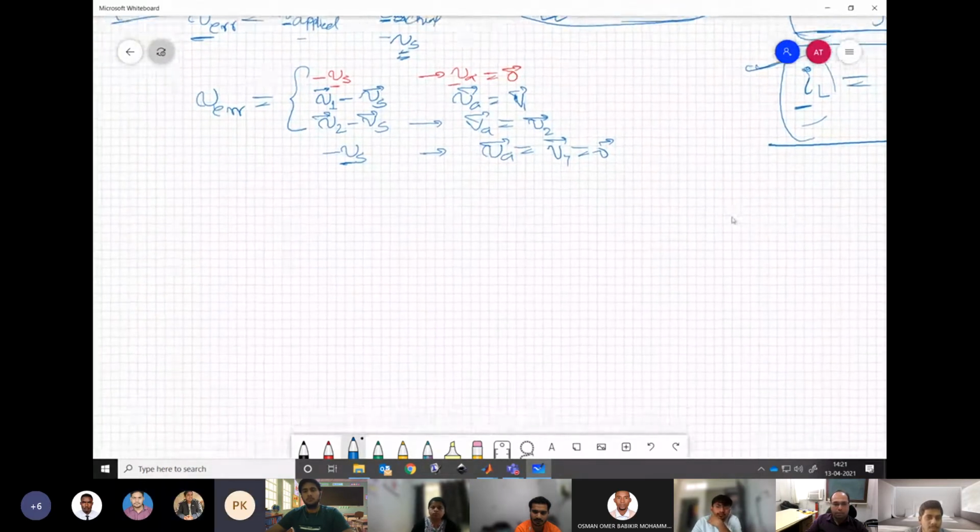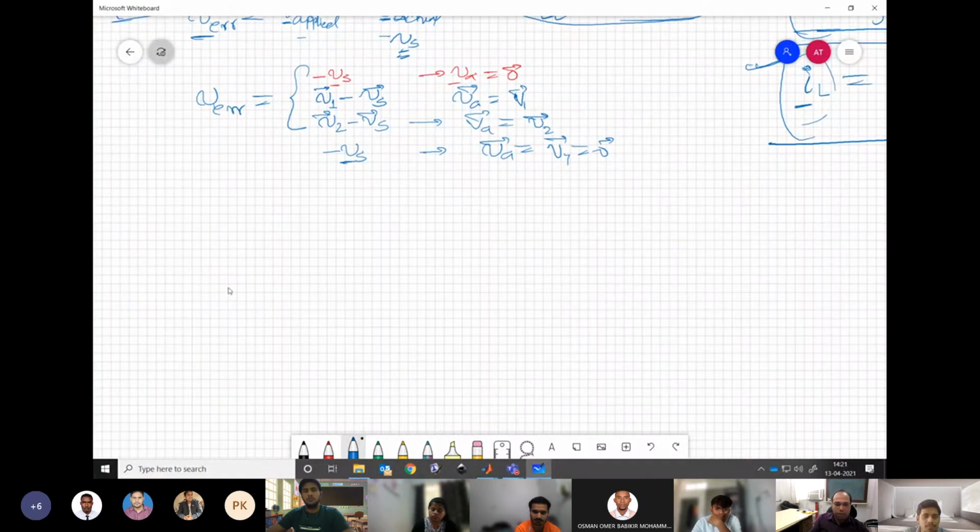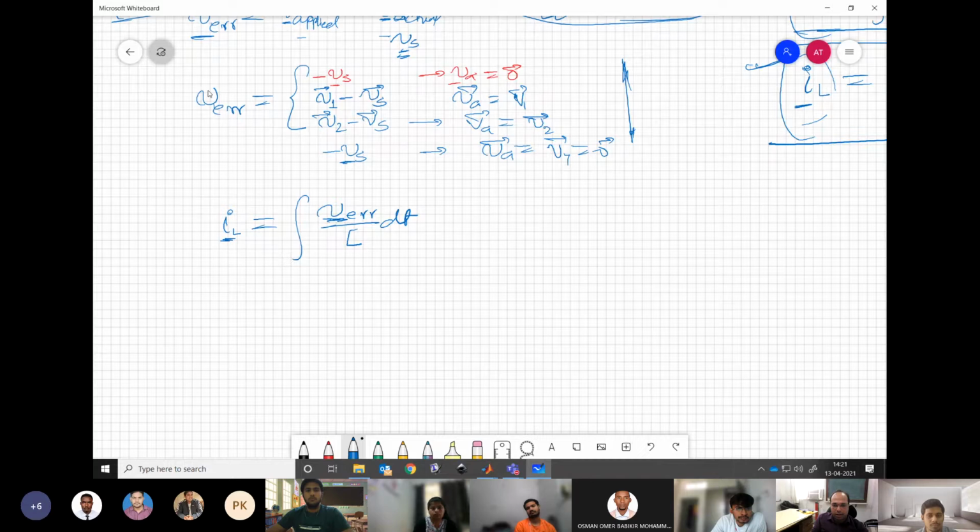Now, if you see closely, your IL vector, or ripple in the current vector, is given by this dt. So if you observe these quantities at this particular instant, let us say when we have sampled our Vs and we are computing these, V error is basically fixed. It is either this or this or this or this, one of the four options.